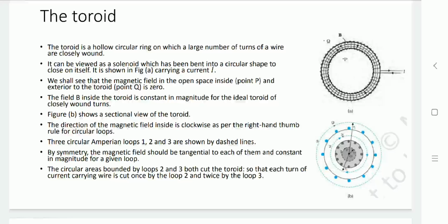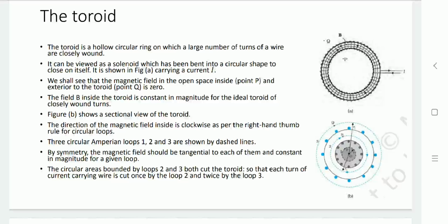Figure B shows a sectional view. The direction of the magnetic field is clockwise, based on the right hand rule. We have taken 3 loops: loop 1 inside the hollow of the toroid, loop 2 within the toroid, and loop 3 outside of the toroid.